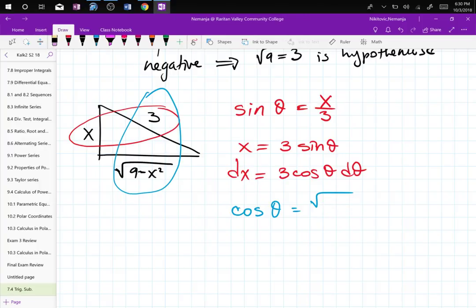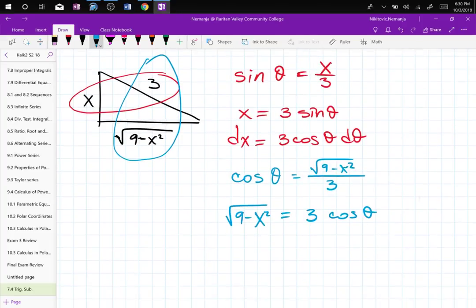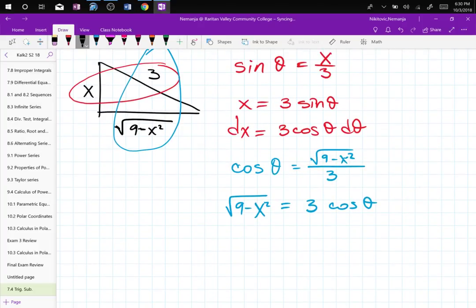I think my battery is dying in this, I have to change it. 9 minus x squared divided by 3. From here, I can solve that the square root of 9 minus x squared is equal to 3 cosine theta.